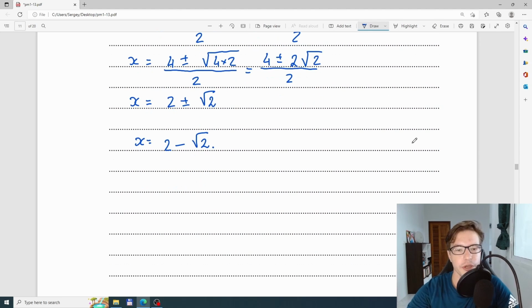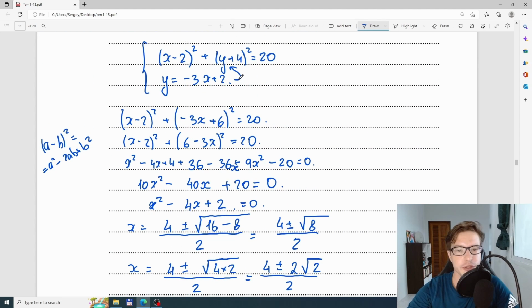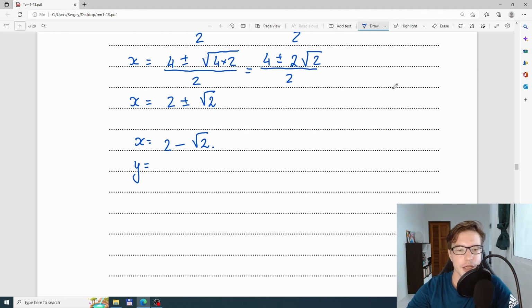And now we can find the y-coordinate of the intersection by substituting 2 minus the square root of 2 into any of the equations, and I will go with the second one, y = -3x + 2, just because it's way much easier. -3 times (2 minus the square root of 2) plus 2.